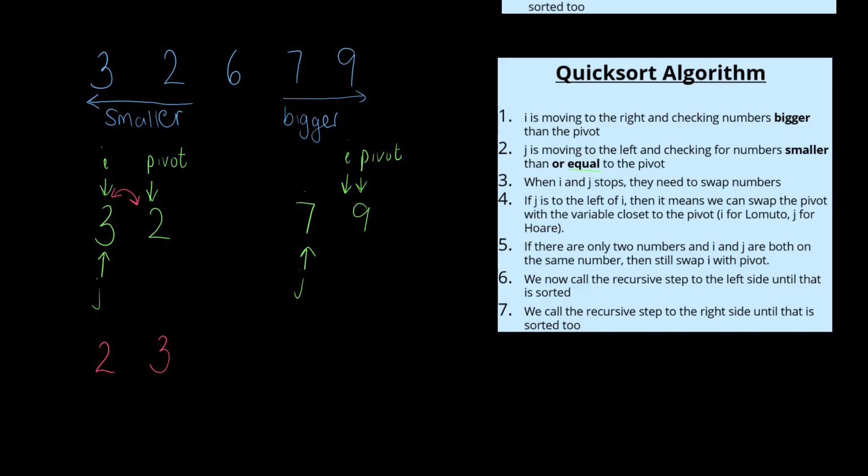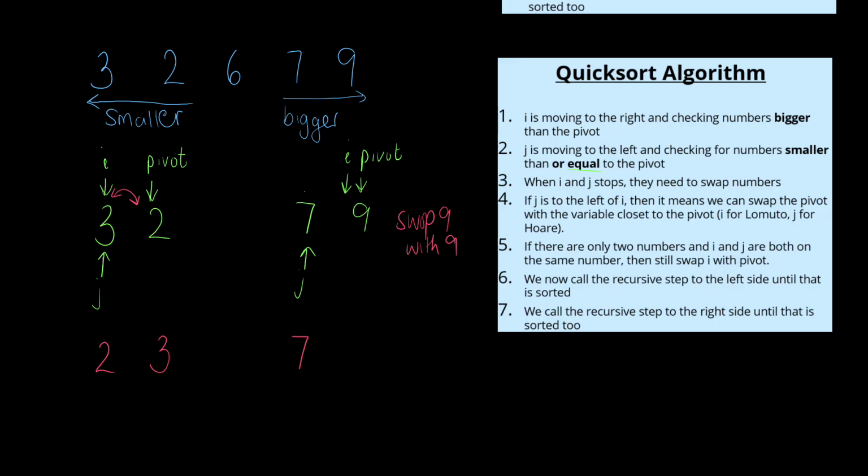Now, when J is to the left of I, what do we swap? We swap the pivot and I. Actually, we don't need to do a swap because we swap I and the pivot, so we swap 9 with 9.